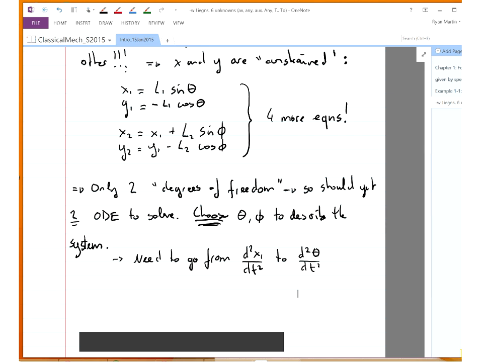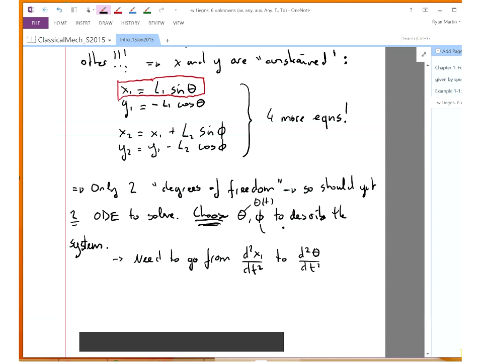And so the way we do that is we use what's called the transformation equation that we wrote. So let's box this equation here in red. This is the relation between x1 and theta, right? And so just to be explicit, theta and phi and x are all functions of t, right?